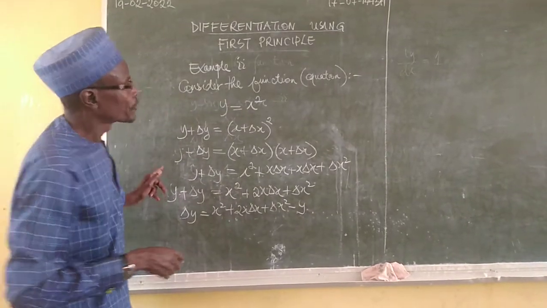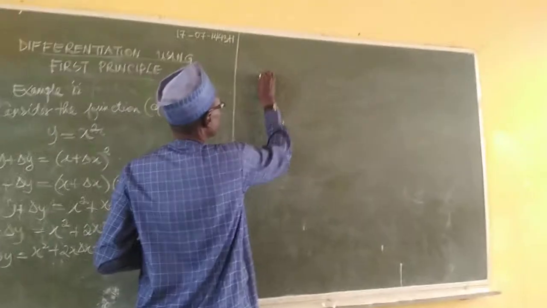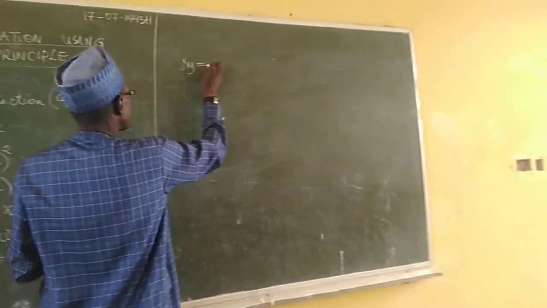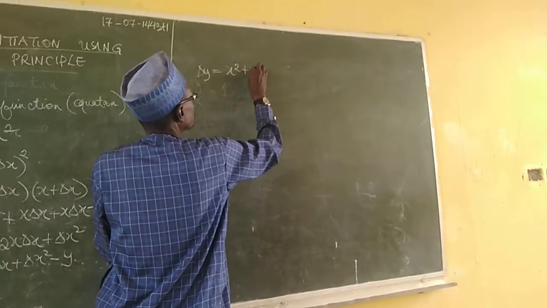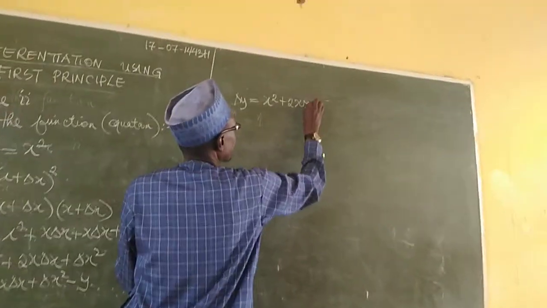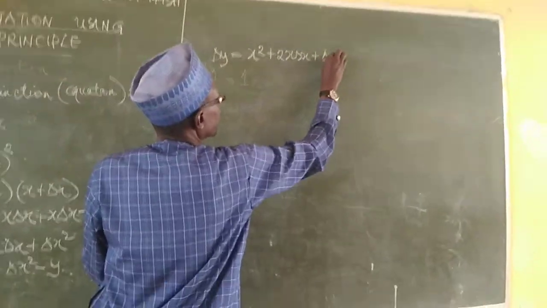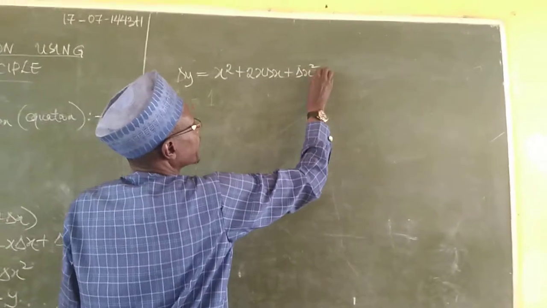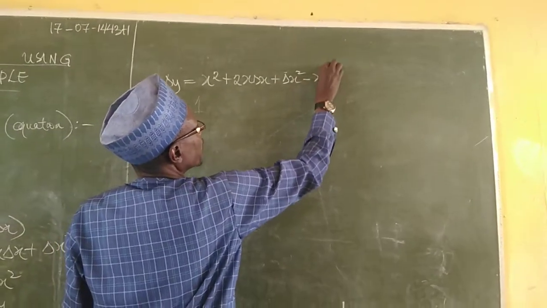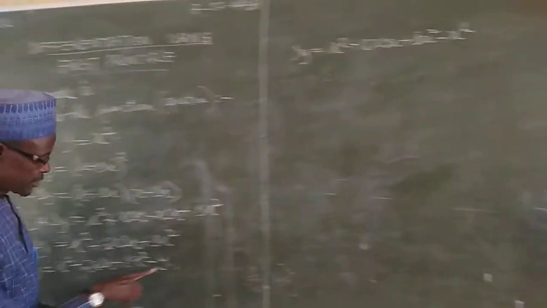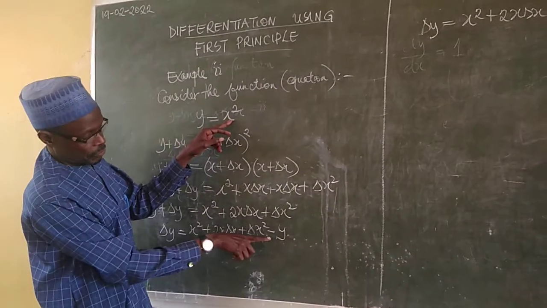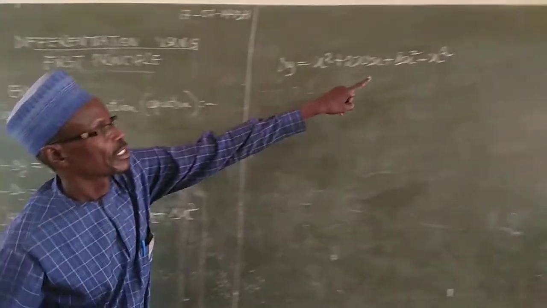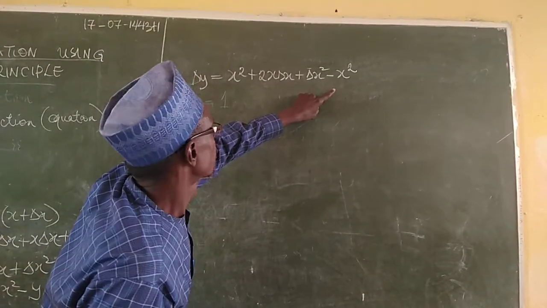So now we end up with what? We have del y is equal to x squared plus 2x del x plus del x squared minus x squared. Why? Because our y right from the onset is equivalent to x squared. So now instead of y, I am subtracting x squared. That is the equivalent of my y.